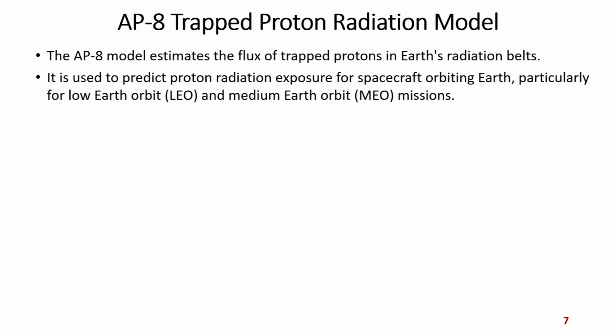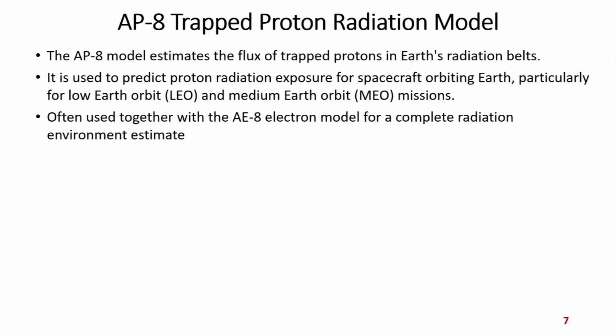As you know, protons are predominantly present in the inner radiation belt, which affects spacecraft in low Earth orbits. That is why it is mostly used for low and medium Earth orbit missions, and it has to be used together with the AE electron model for a complete radiation environment estimate.